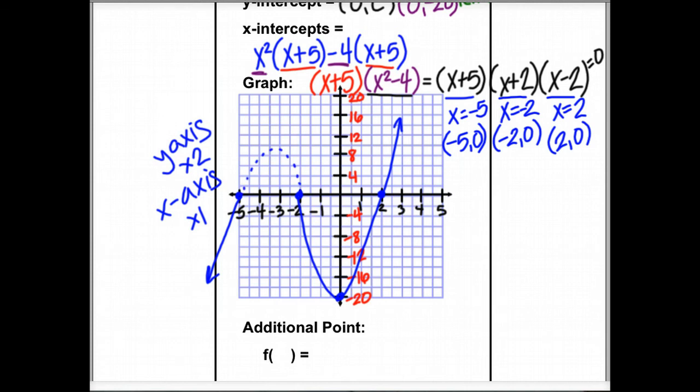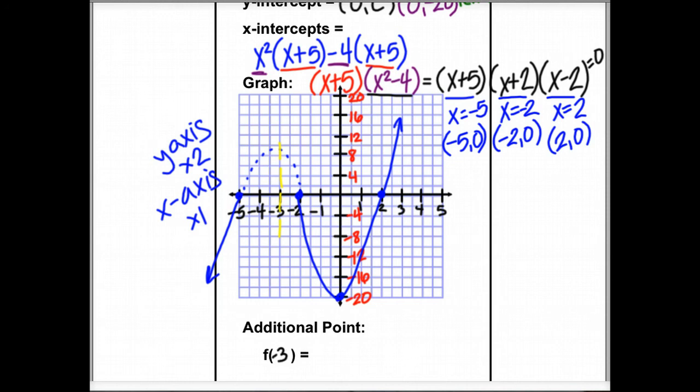So being that halfway would be 3.5, but I don't really want to stick 3.5 in here and have to deal with all these decimal points. Although you can, I'm going to choose to find out, since negative 3 is kind of close to halfway, what f of negative 3 is.